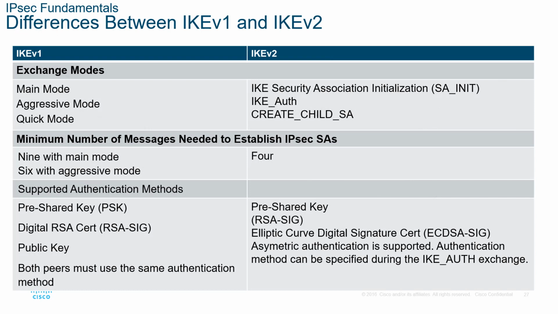So, the differences between IKE 1 and IKE 2. IKE 1 has our main mode, aggressive mode, and quick mode. IKE 2 has our IKE SA init and our IKE auth. Maximum number of messages: there could be between 6 and 9 with IKE v1. There are 4 using IKE v2. Different methods: PSK on both, certificates on both, but IKE v2 also uses ECC for digital certificates, where IKE v1 does not.